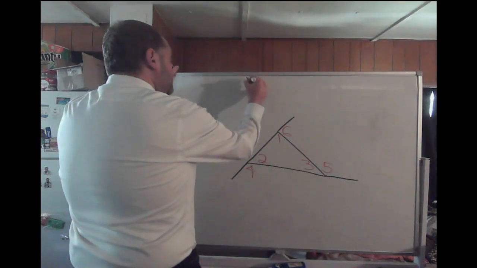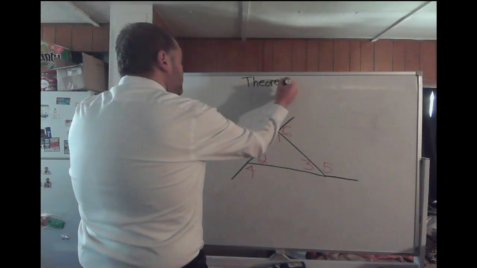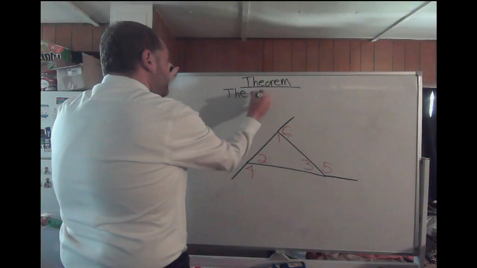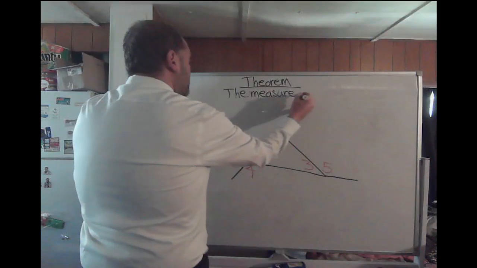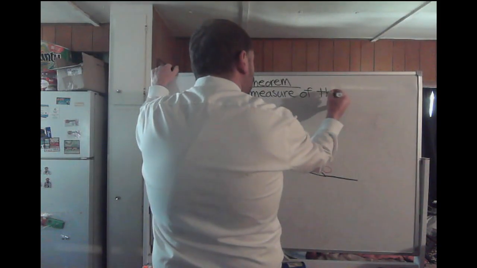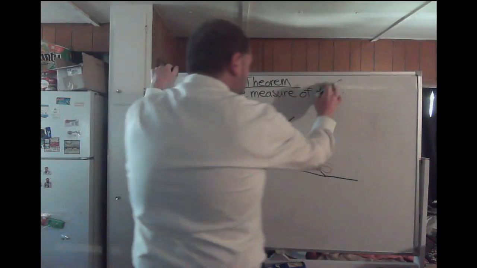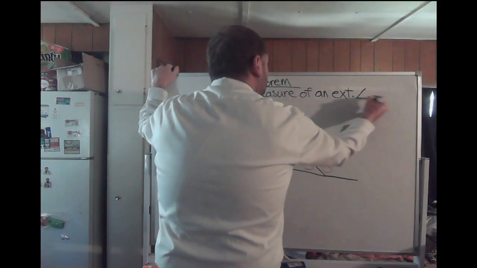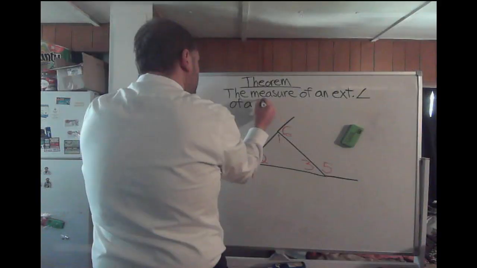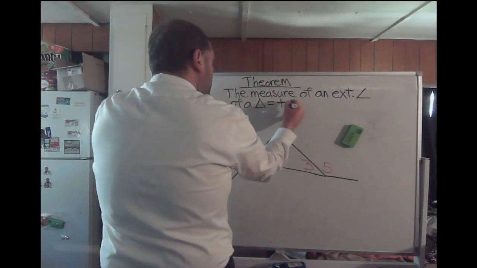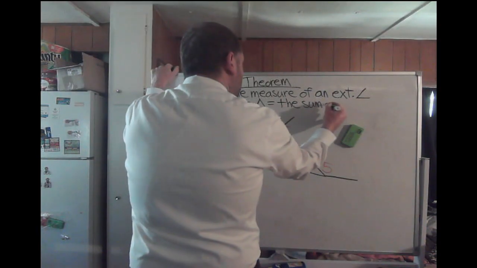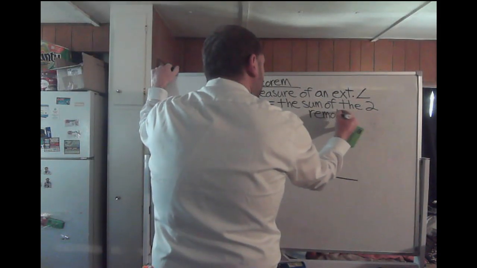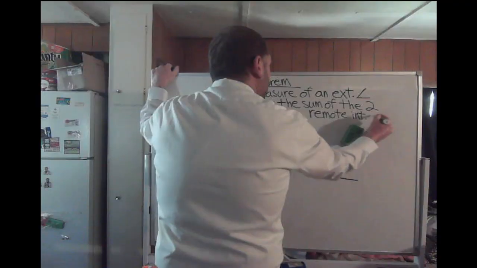So this theorem that we're about to learn states that the measure of, not the, because there could be several, I should say an exterior angle of a triangle equals the sum of the two remote interior angles.